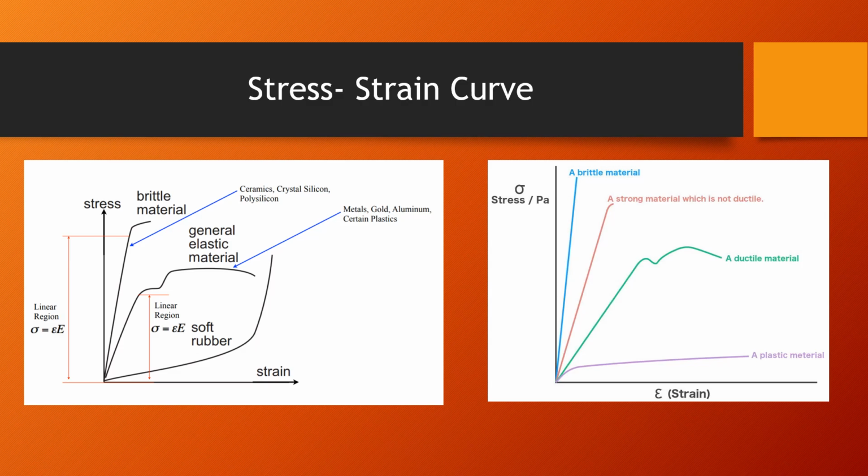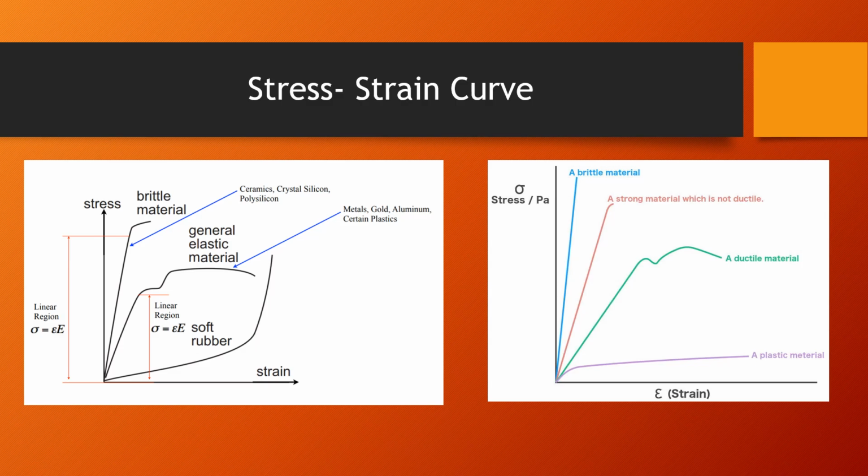Why is it required? You can see different materials have different stress and strain curve patterns. If you see the metals, a ductile material would first deform elastically until it goes to the yield strength, then it would deform plastically until it reaches the ultimate tensile strength and then fracture.